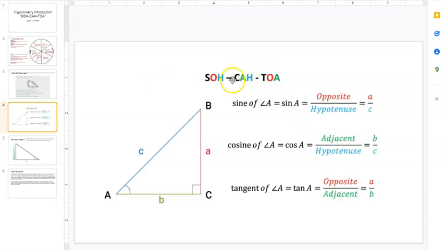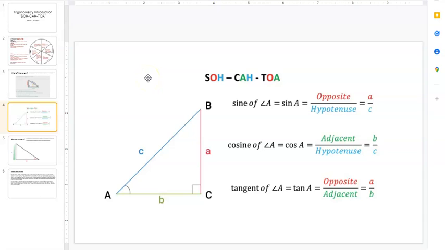So the basics of this, SOHCAHTOA, is a mnemonic device to allow us to remember what the ratios are for sine, cosine, and tangent. Because that's what this all comes down to. We can figure out the angle by knowing the ratio of two sides and how it relates to the angle.